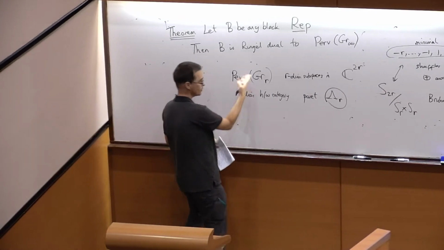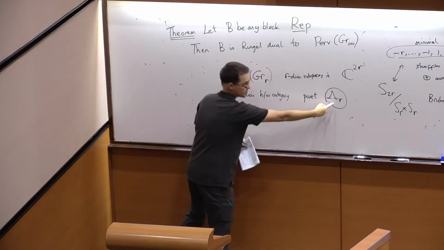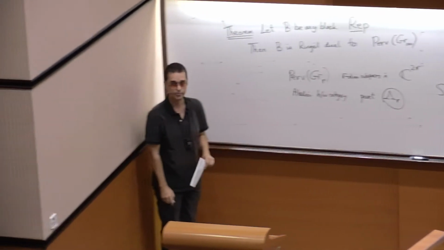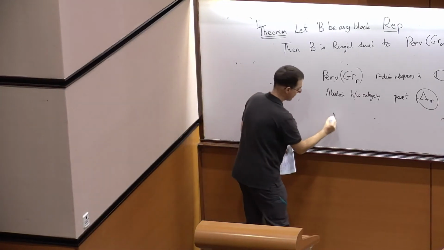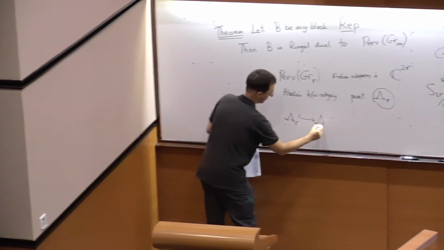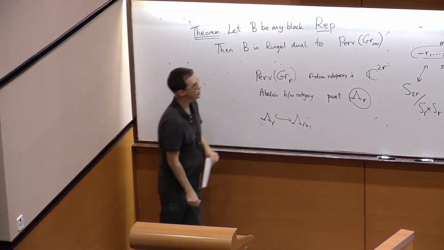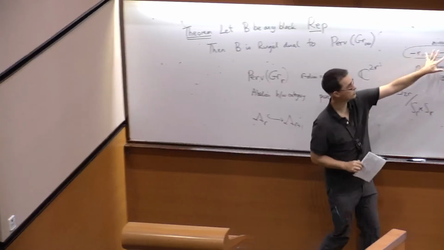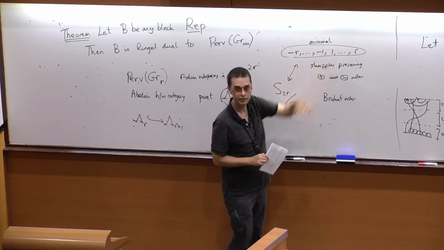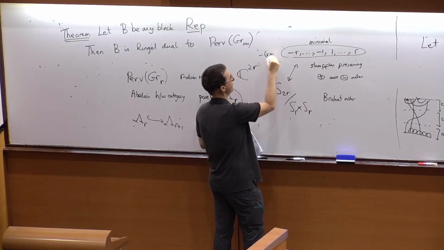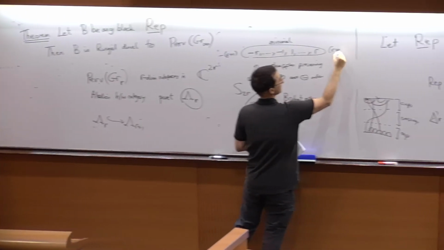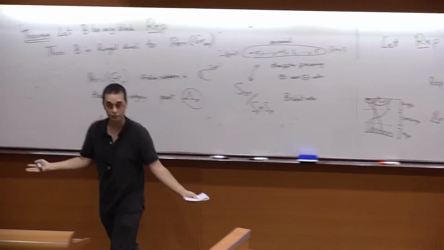Okay, so perverse sheaves on this Grassmannian, this is the set that indexes its simple modules. And you can do a very obvious thing. If you have some shuffle, any shuffle, you can just tack on one at the beginning and one at the end, and you get an r+1 shuffle.